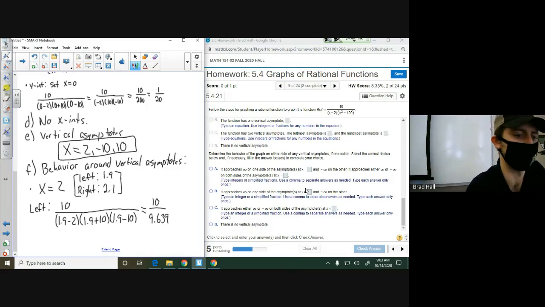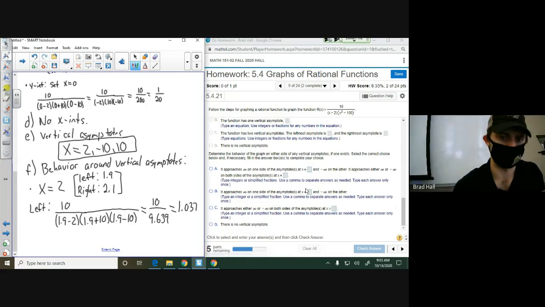Okay, so interestingly enough, we get 1.037, which is positive. Okay, that's interesting.